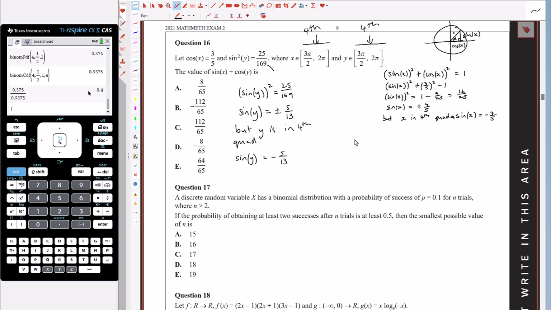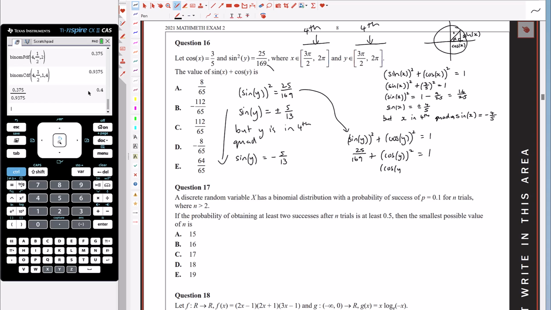So we also know that sine of y squared plus cos of y squared is 1. Well, we already know what sine of y squared is: 25 on 169, so actually we didn't even need to do this bit. Plus cos of y all squared is 1.